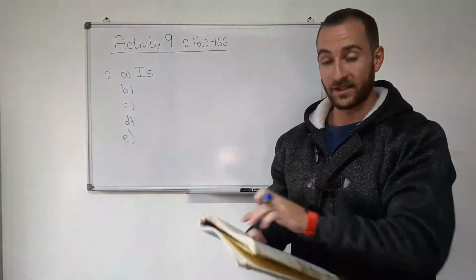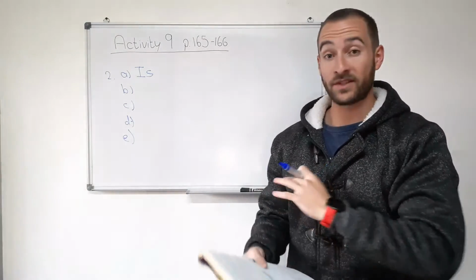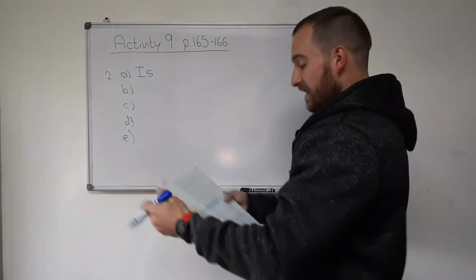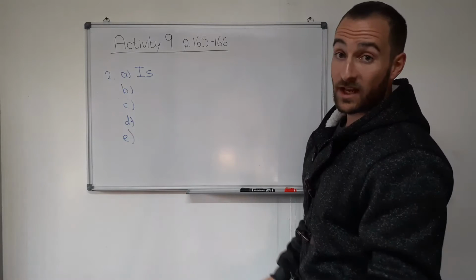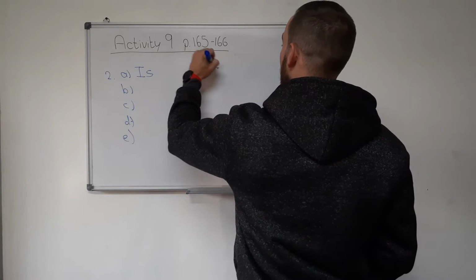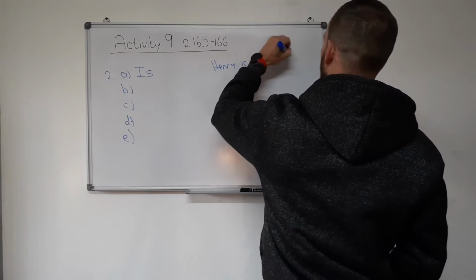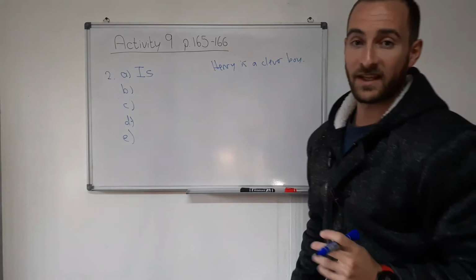They can actually ask this one without telling you what to start the sentence with, and you will still be able to do it. So, in this sentence, we've got Henry is a clever boy. A very easy sentence there.